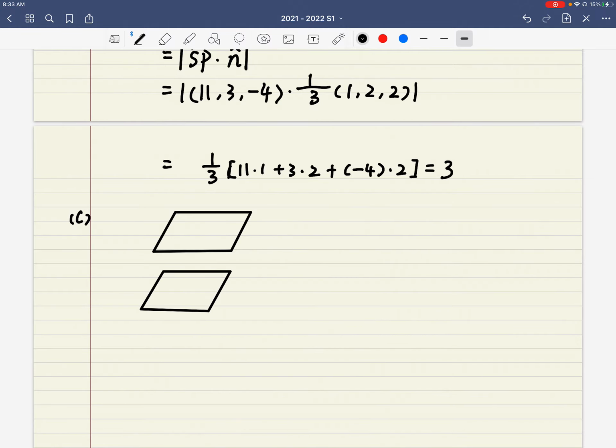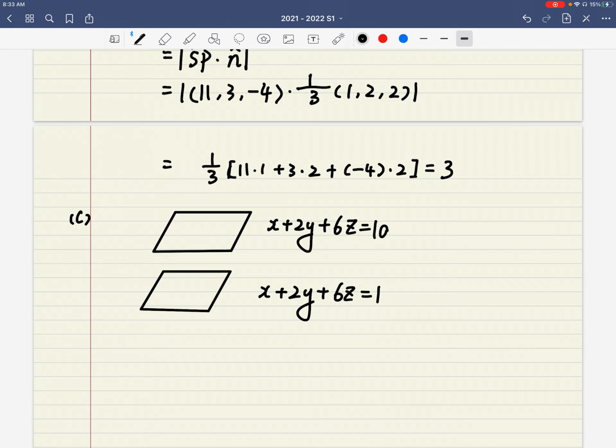You're given this plane, x plus 2y plus 6z is 10, and here it's x plus 2y plus 6z is 1. So how do you get the distance between these two planes?